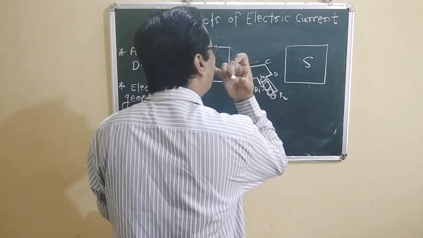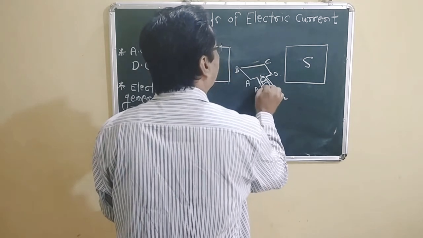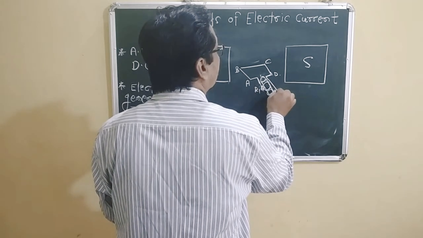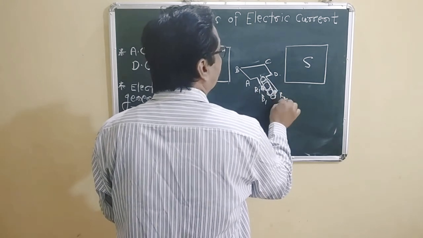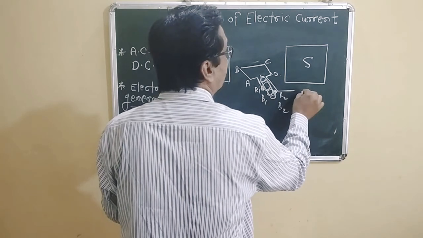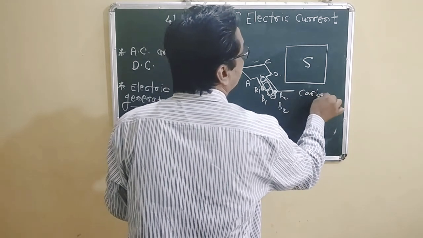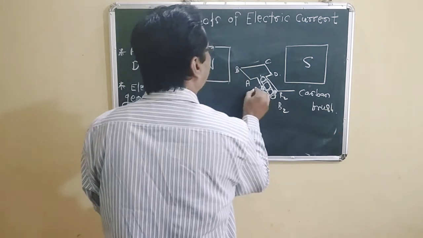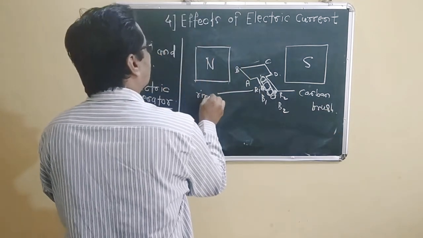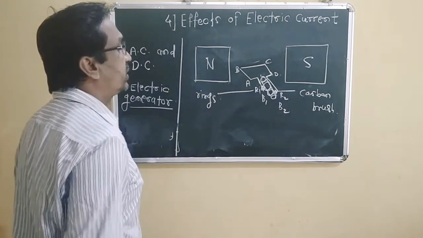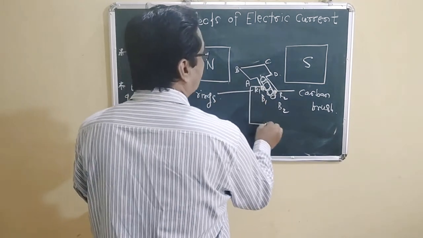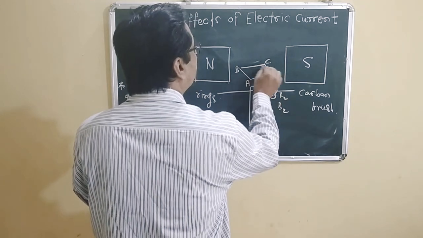After that, these are connected via brushes B1 and B2. These are the carbon brushes, and these are the rings.